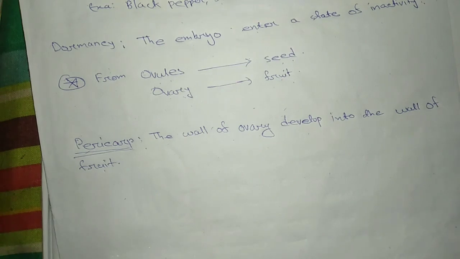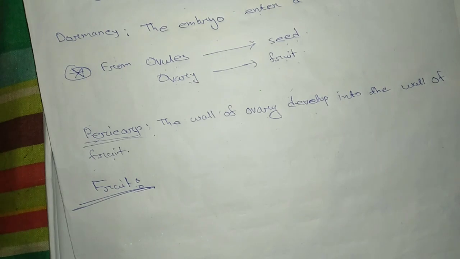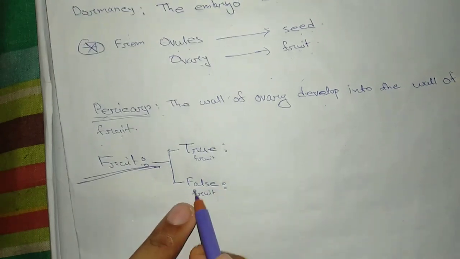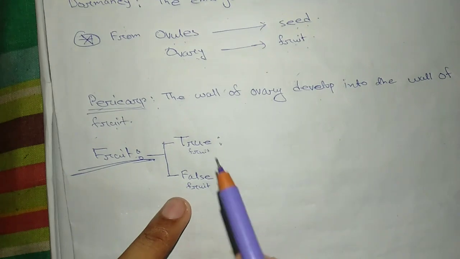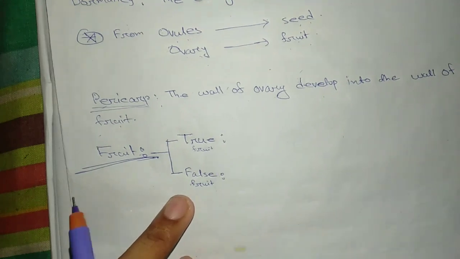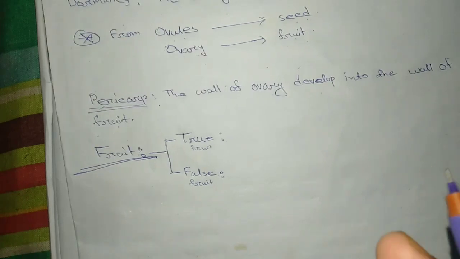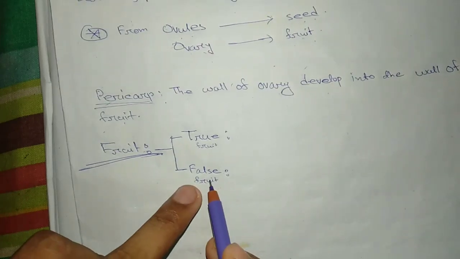Before, I told about seed. Now I will describe fruit. Fruit is generally of two types: true fruits and false fruits. True fruits develop from ovary, and false fruits from other floral parts without ovary.